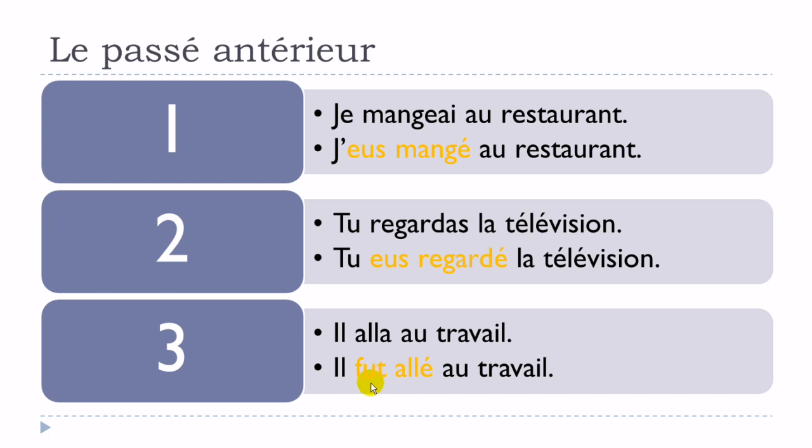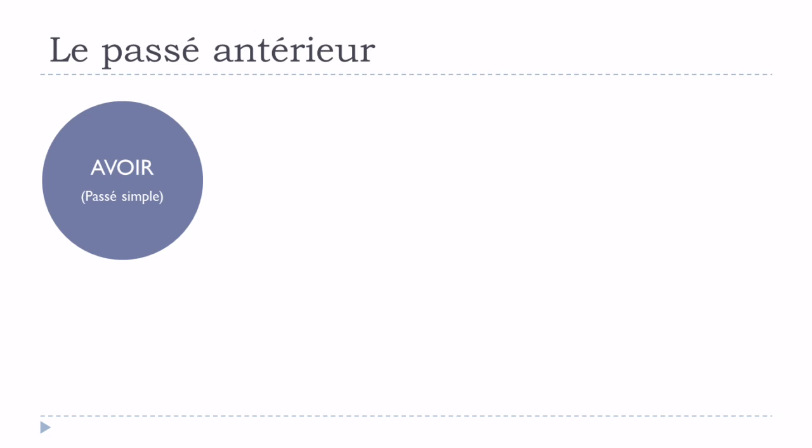And in this case, when we're talking about le passé antérieur, then avoir or être should be at the passé simple form. Okay, so this is the concept and this is the way we will construct this passé antérieur form. First you get avoir, and it must be conjugated at the passé simple.